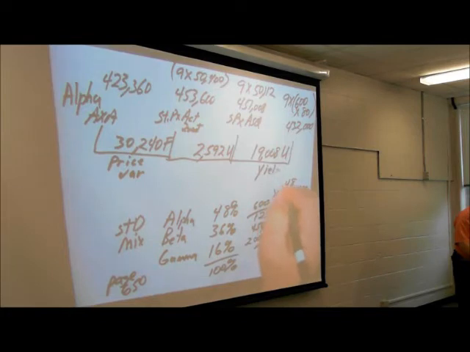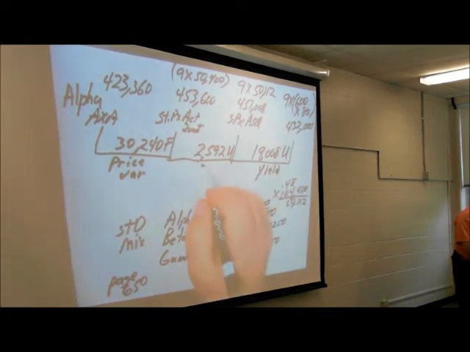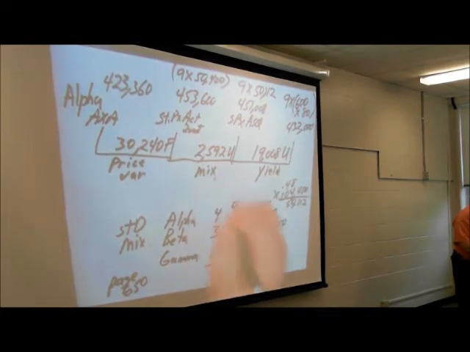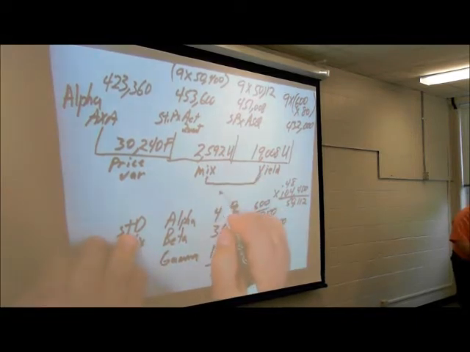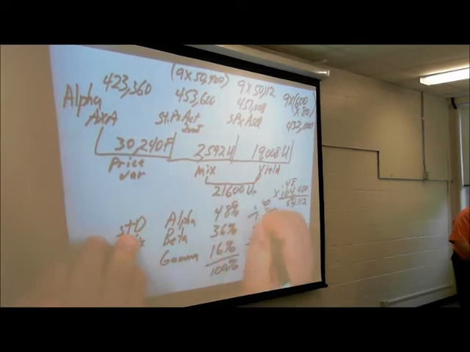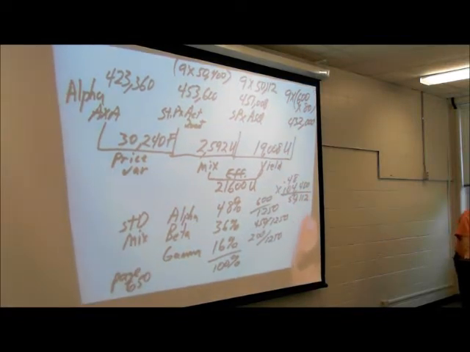This is your yield variance. And these two together would be 21,600, unfavorable. That's your efficiency variance right there for alpha. Does that make sense? Everybody okay with what we did?